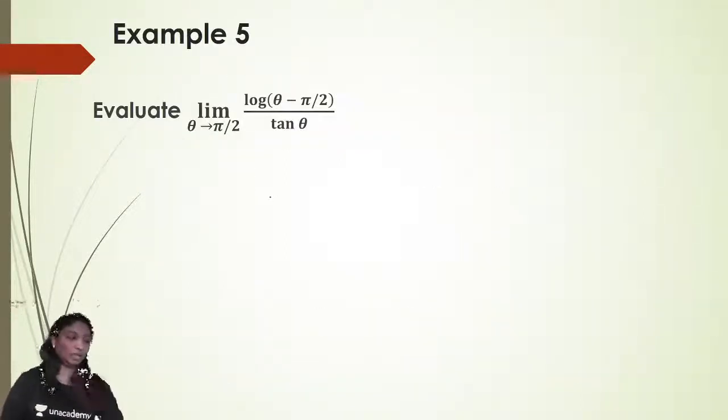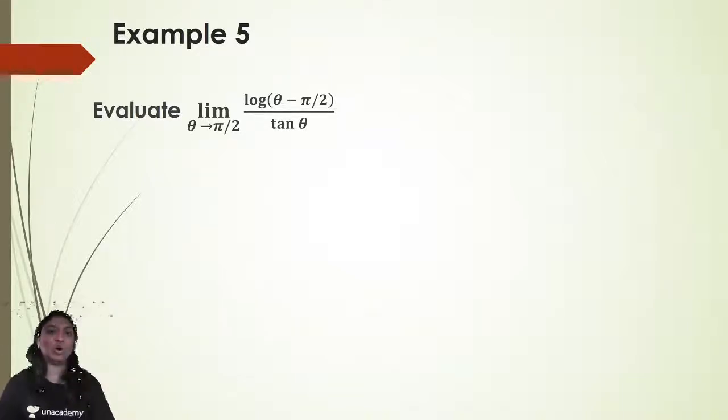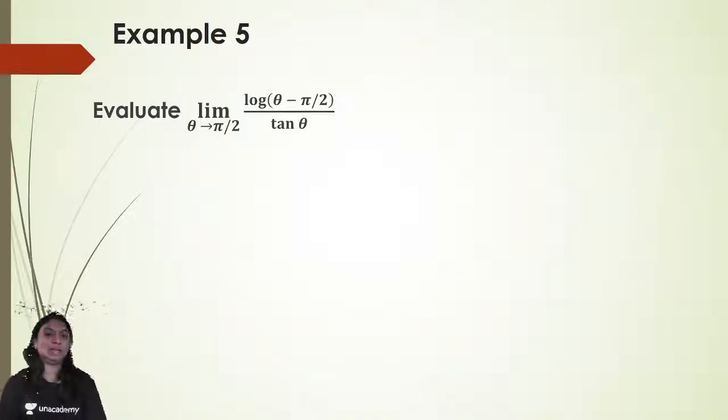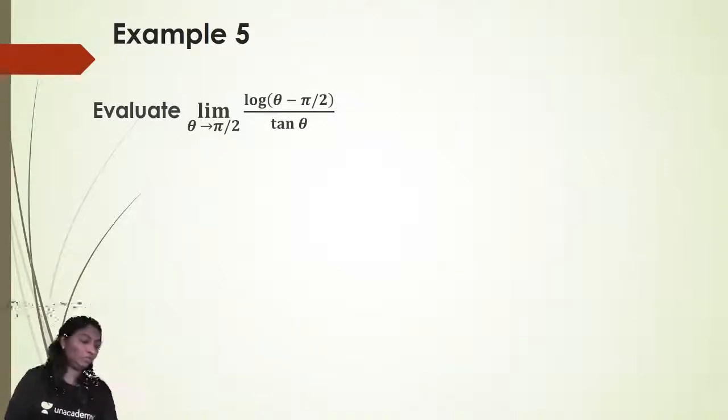So let's start our next example. Evaluate limit as theta tends to pi by 2, log of theta minus pi by 2 upon tan theta. Now we will first put the limit as theta tends to pi by 2. So log of pi by 2 minus pi by 2, that is log 0, upon tan pi by 2.